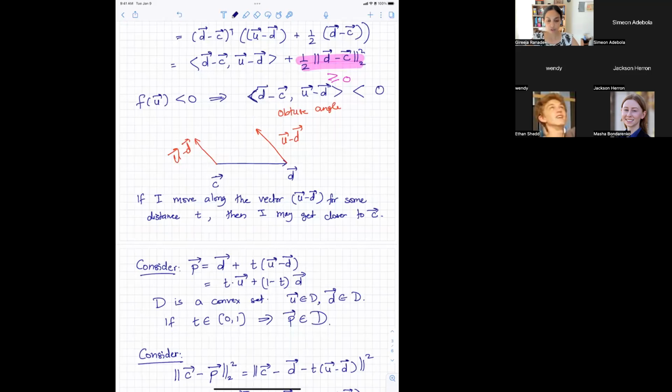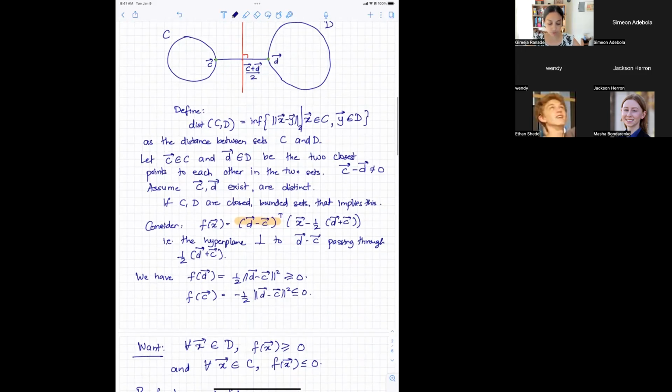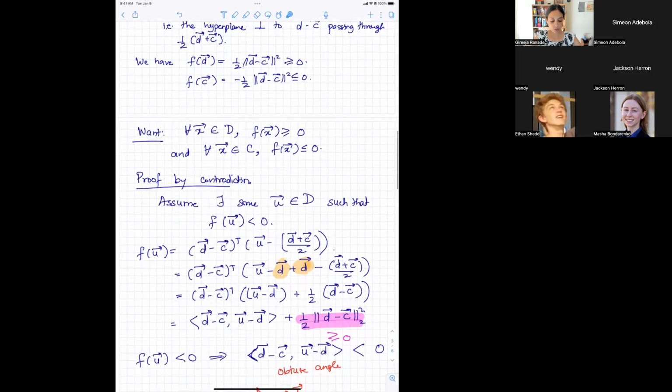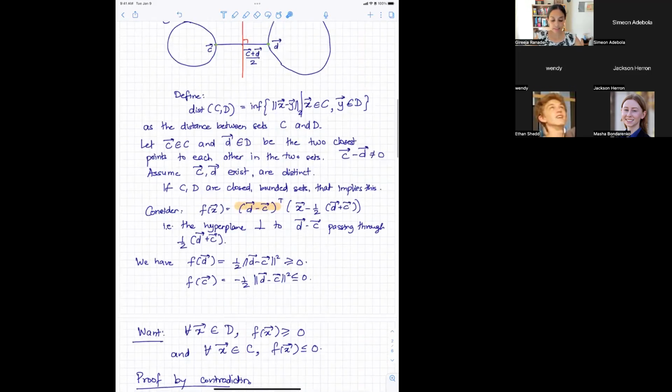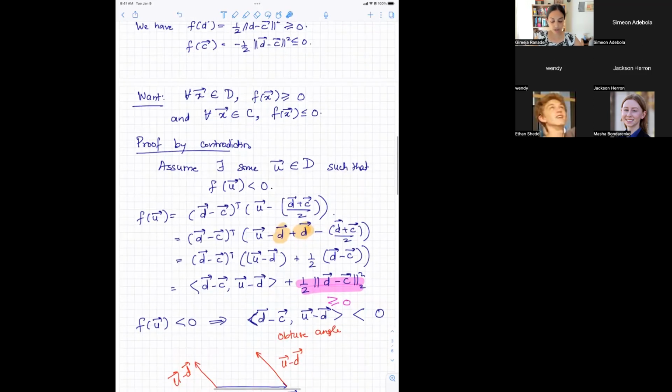Okay, so just a quick recap of what we did in the proof. So we assumed that there were 2 points C and D that were the closest to each other. We said, let's consider the hyperplane that bisects this line and is orthogonal to the line joining them. That's our separating hyperplane. And we said that, well, if possible, let's say that there is some u that belongs to D that is on the wrong side of the hyperplane.